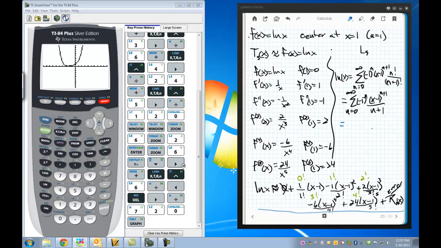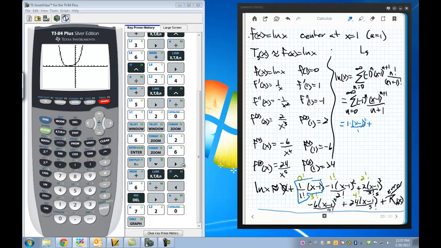Okay, so here we go. When n equals 0, that's going to be a 1. I'm going to get 1 times (x minus 1) to the first divided by 1. Oh, sweet, perfect. So, check. First term, taken care of. Plus, when n is 1, I get negative 1.